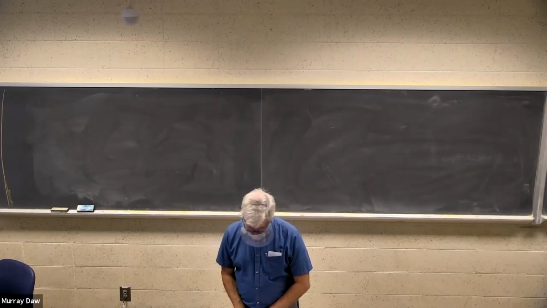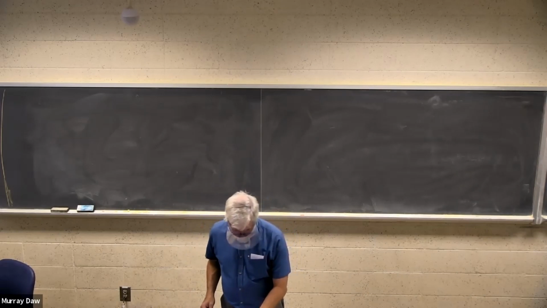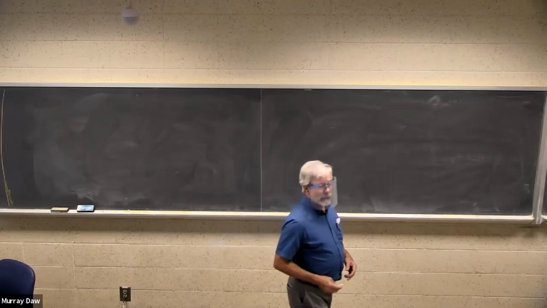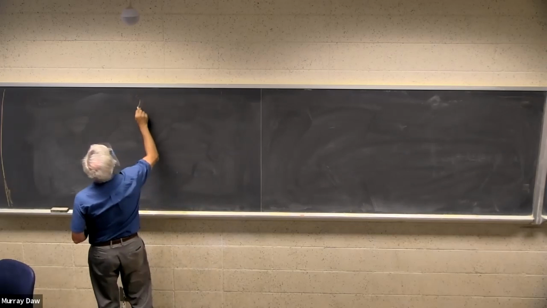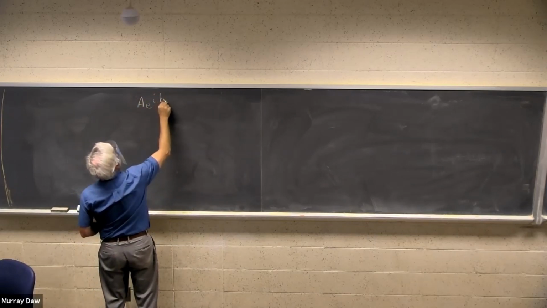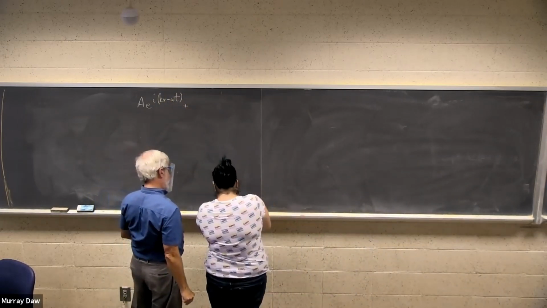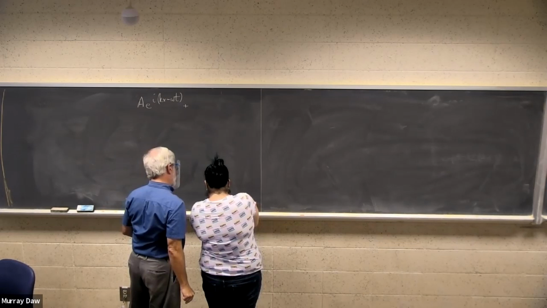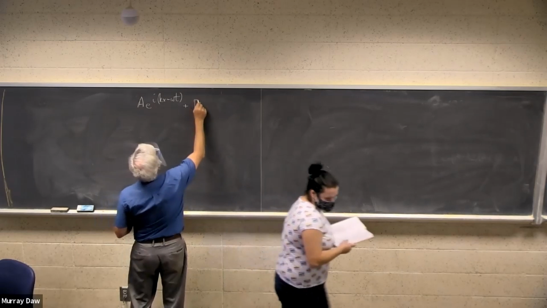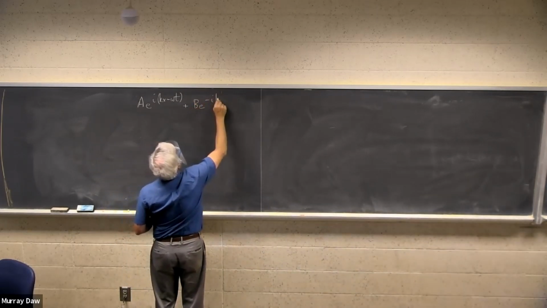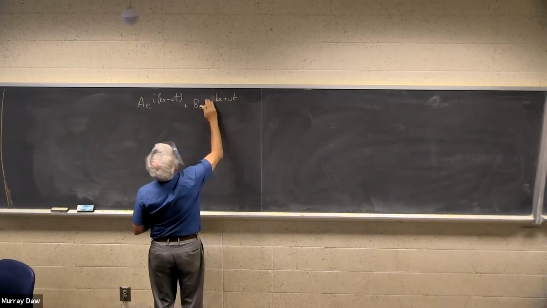Okay, I gotta see the equation, remind me, equation 2.32. I have it. Yeah. So it's A e to the i(kx minus omega t).